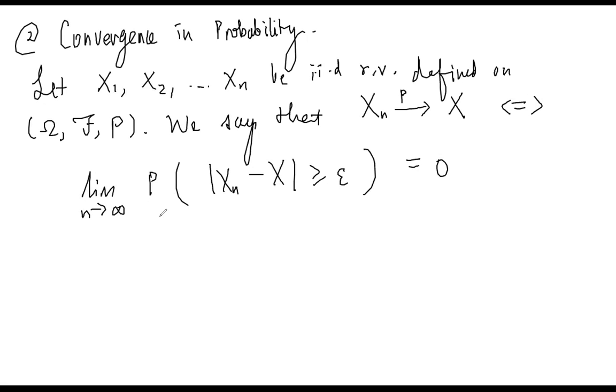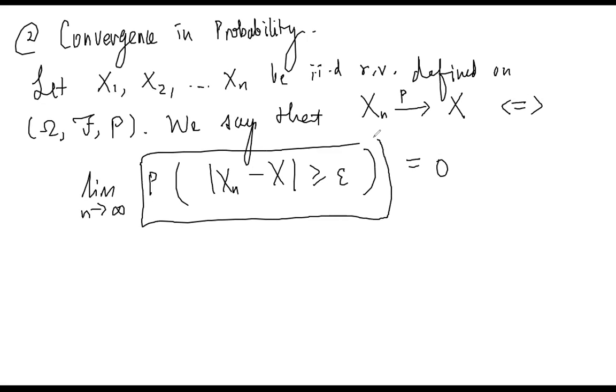So basically you first find out this probability measure, and then you take the limit. If it's equal to 0, then we say that Xn converges in probability to X.